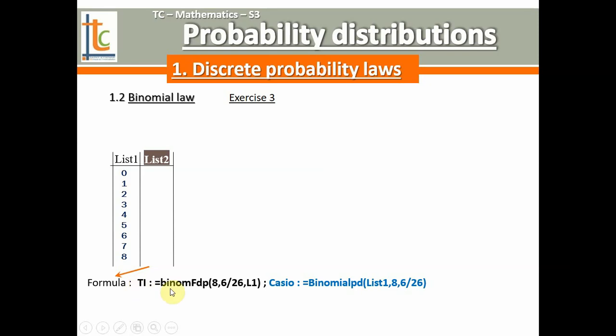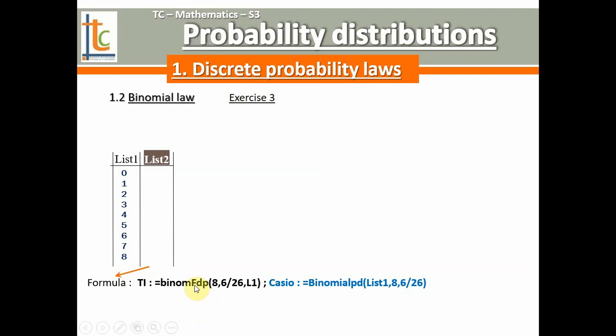On a Texas, you have to activate distributions thanks to the keys second var. Second var leads to distributions, and then in the list that appears on the screen, you will have to select binom FDP.